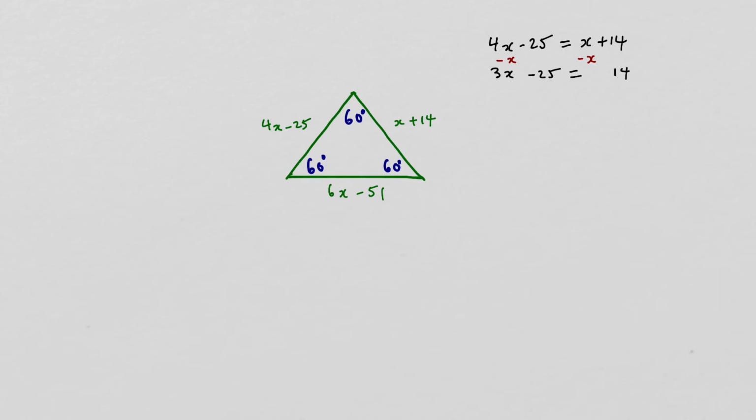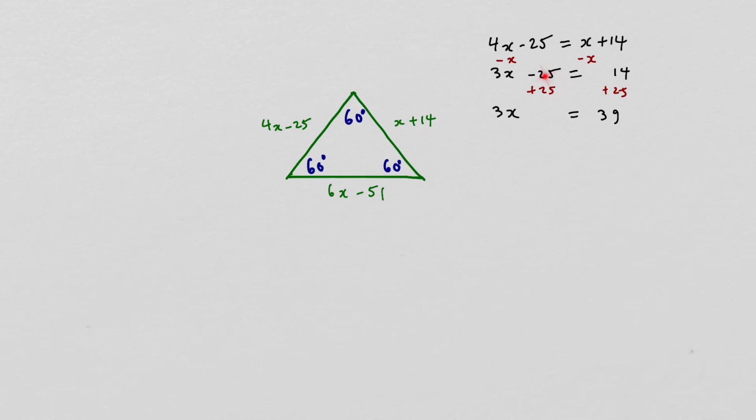Now, we want to isolate 3x on this side, so we have to move this negative 25 over to the other side. To do so, we add 25 to both sides. If we add 25 to both sides, we get 3x equals 39.